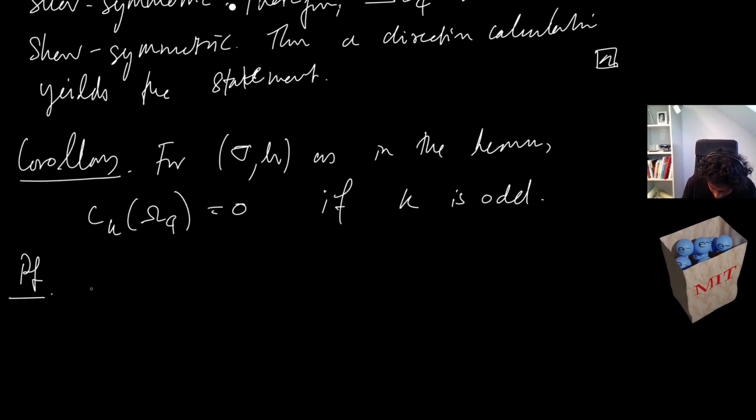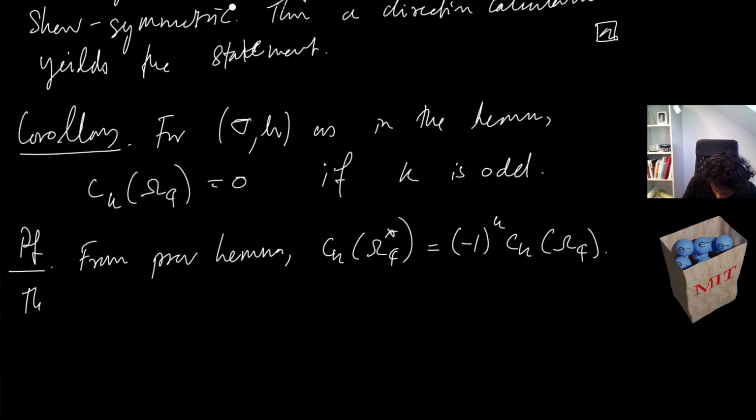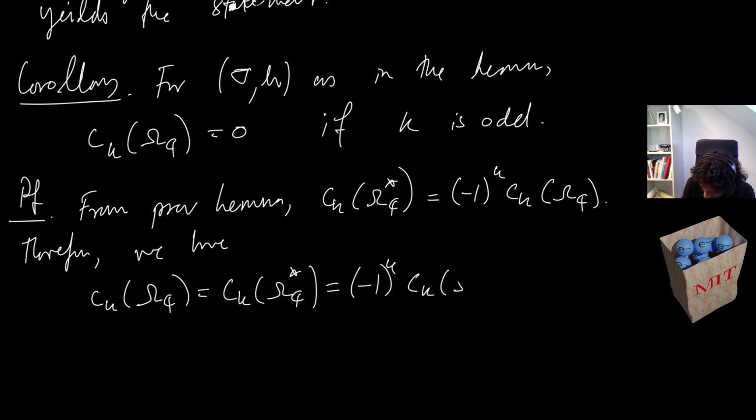From the previous lemma, C K of omega C star for a general complex connection is equal to minus 1 to the K times C K of omega C. Therefore, C K of omega C is equal to C K of omega C star, which is equal to minus 1 to the K times C K of omega C, and this can only be satisfied if K is even.